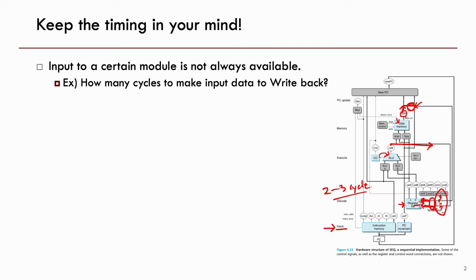We should know when to start the fetch stage, when to start the decode stage, and so forth. Okay, again, we need timings of inputs to each stage, like when each stage has available inputs.